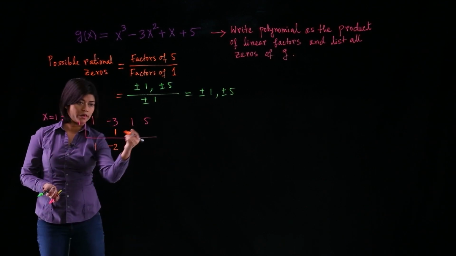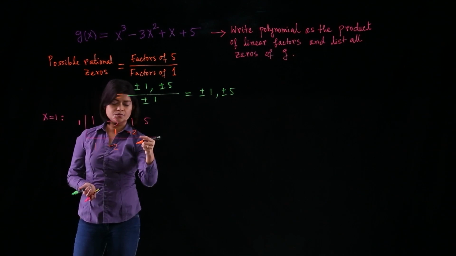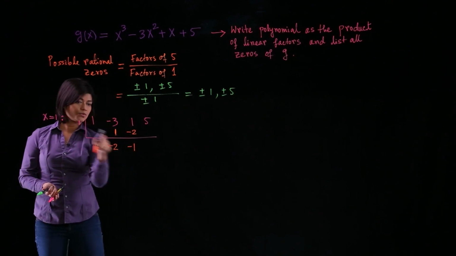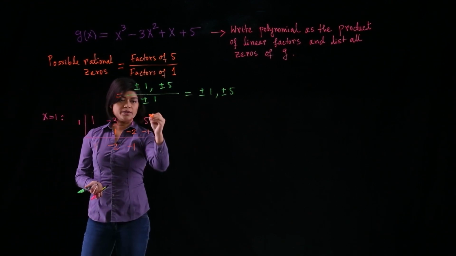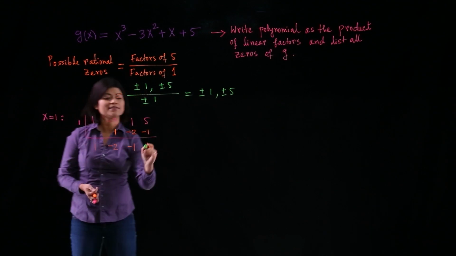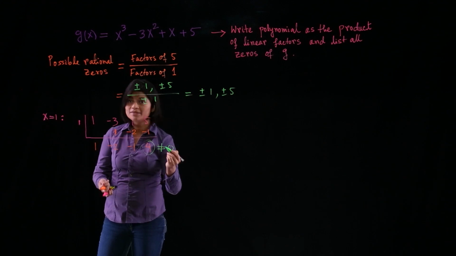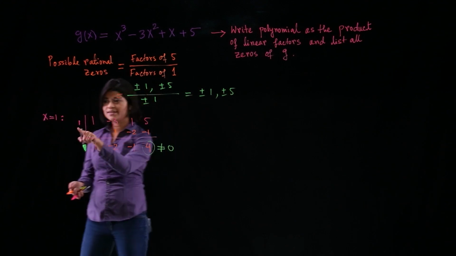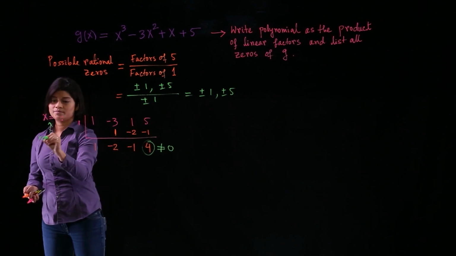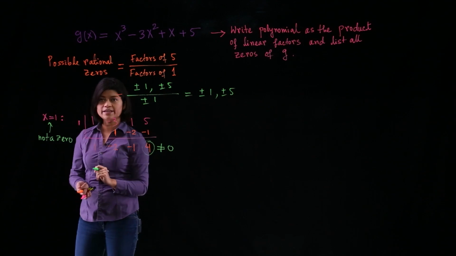Multiply negative 2 with 1, you get negative 2. Add with 1 again, so negative 2 plus 1 is negative 1. Again, you multiply negative 1 with 1, you get negative 1. Plus 5 is 4. So do you remember what that means? Well, this is not 0. So the remainder is not 0, which means x equals 1 is not a zero. Okay, so you have to discard that.